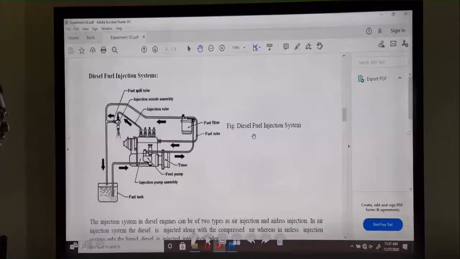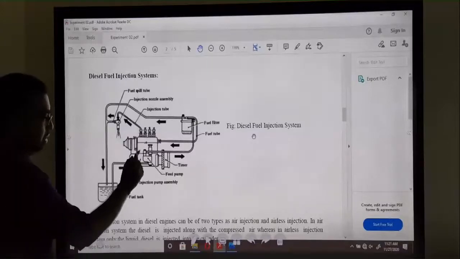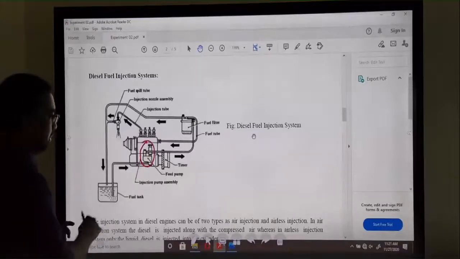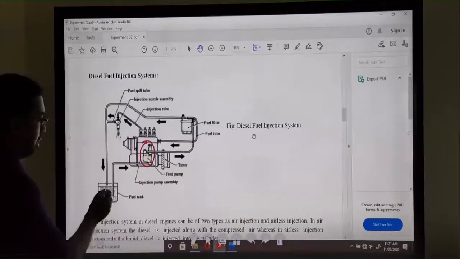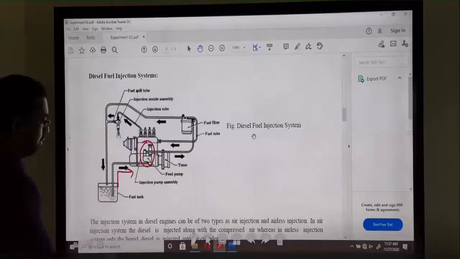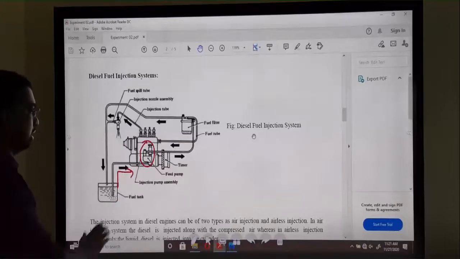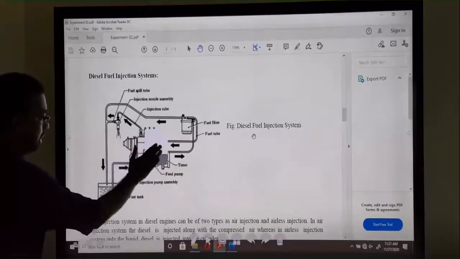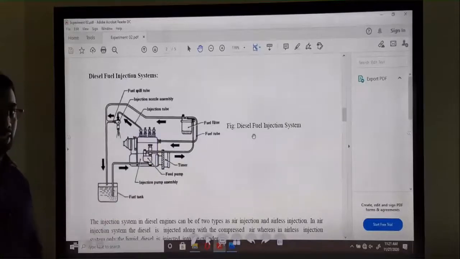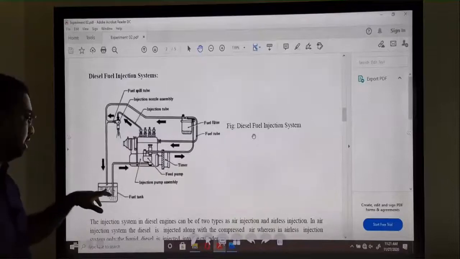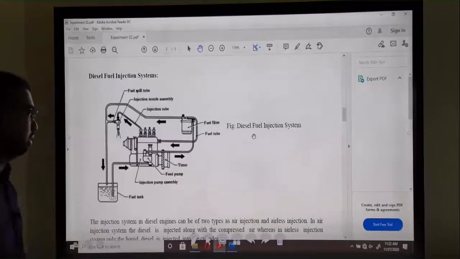There is a feeding pump in the injection pump. This feeding pump pulls the fuel from the fuel tank. These days this feeding pump is a mechanical pump, actually. These days the vehicles use electrical pumps that are fixed into the fuel tank.